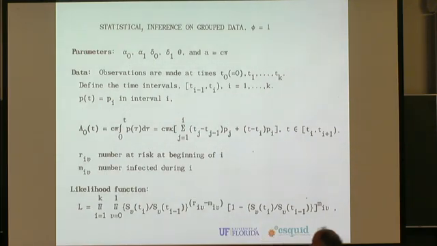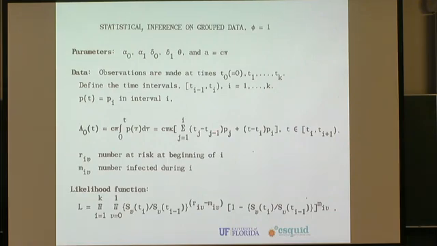Oh, one other thing with respect to inference. This is one example of how you could use this model for inference on group survival data. So we want to estimate all these parameters from some data, and we know there are so many cases per interval, so we can write the cumulative hazard function as the summation.